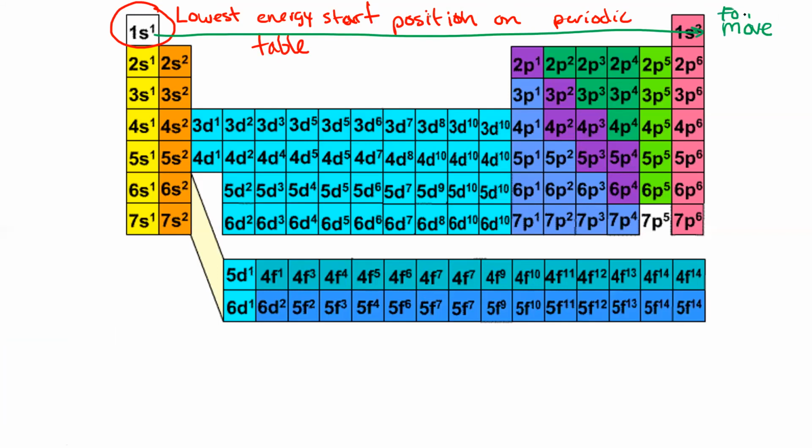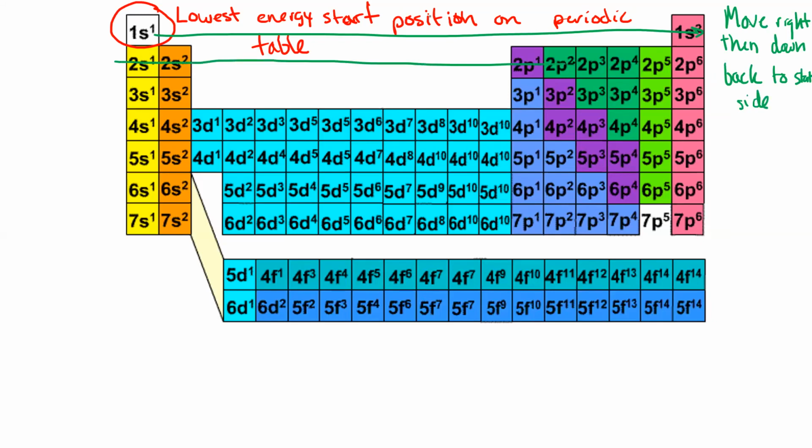Sometimes it is not convenient to teach online. To play the electron configuration game, you move to the right. You always move right until you reach the end of the periodic table. Then you go down, back to the starting side, and you start filling again across. And you keep filling across and across and across.